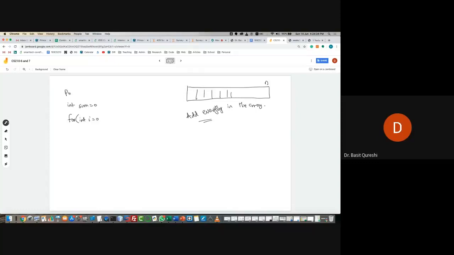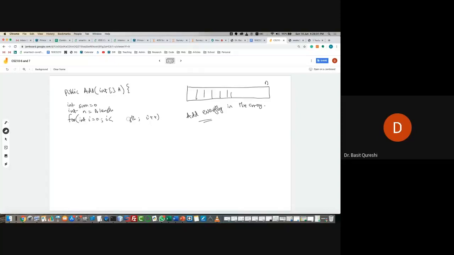Let's say this is public, add, and we pass an array of type integer that already contains the data. I is less than a.length. Just to make it more optimal, we can say integer n equals a.length. We'll talk about this later.